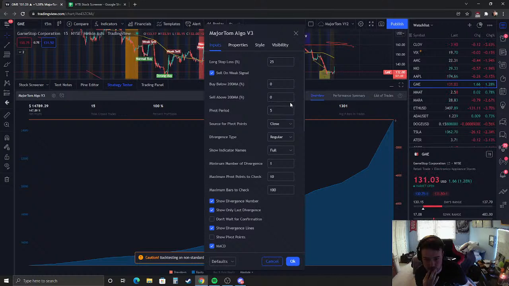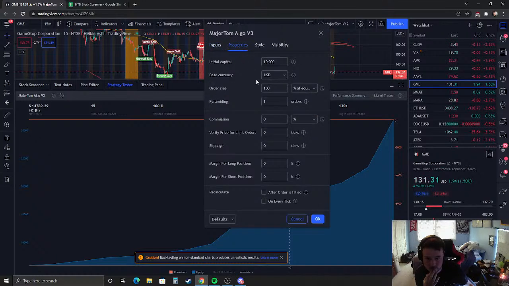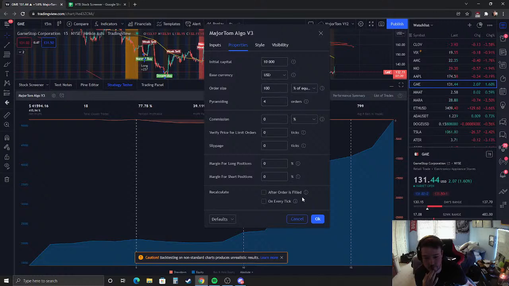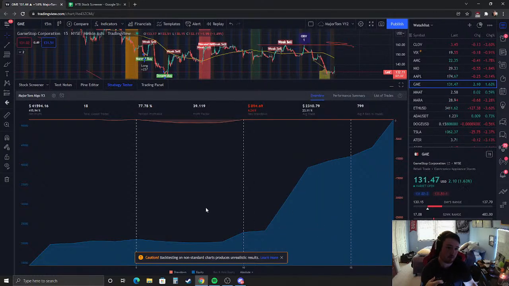We can go to pyramiding here. We can turn it up. Pyramiding basically makes the algo act more like a human being. And when you do that, you can get profits like this within a matter of months. It's pretty insane what backtesting can do and how it helps the process here.